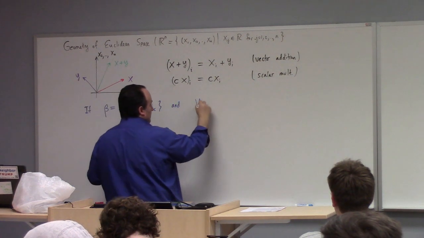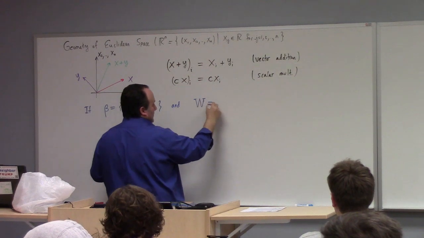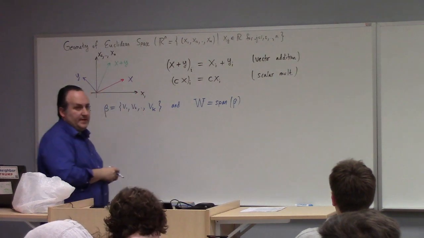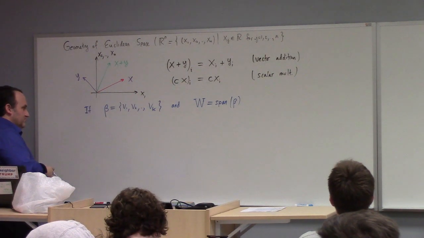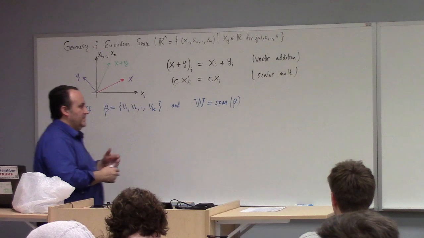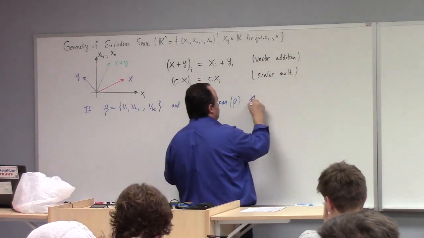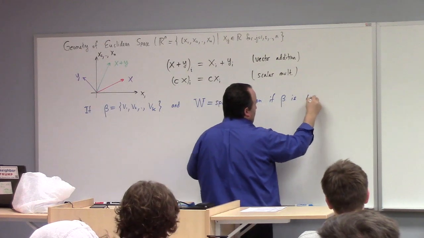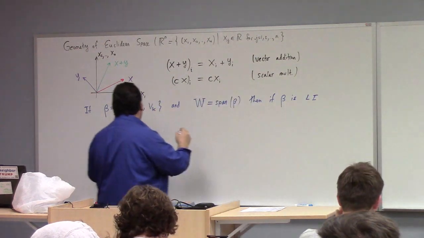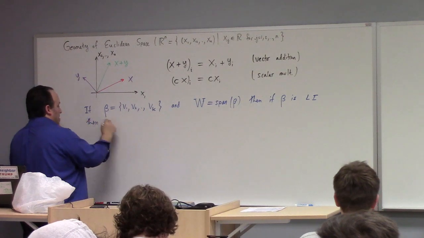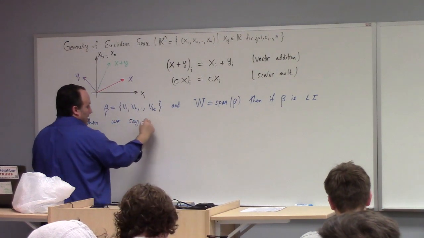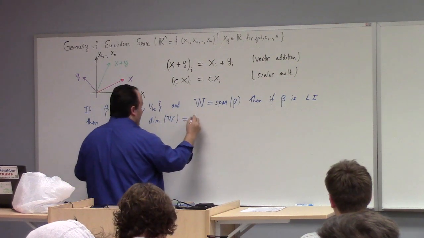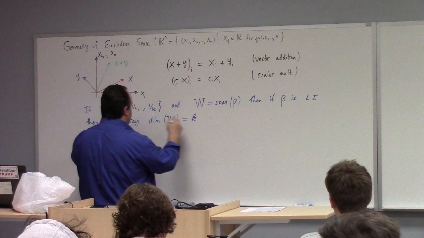And we let W equal the span of beta, then if beta is linearly independent, then we say the dimension of W is equal to the number of things here. The dimension is the number of things in this basis.